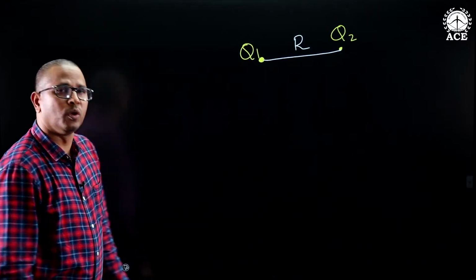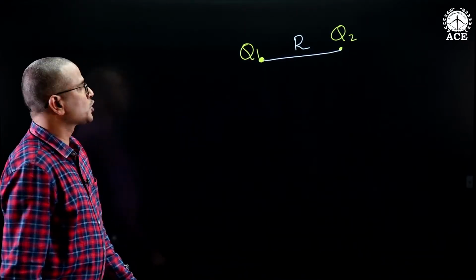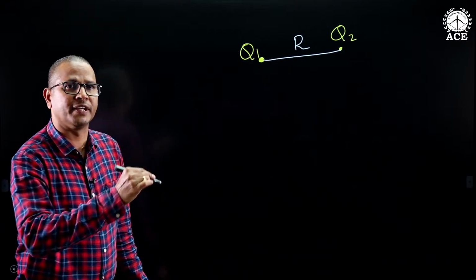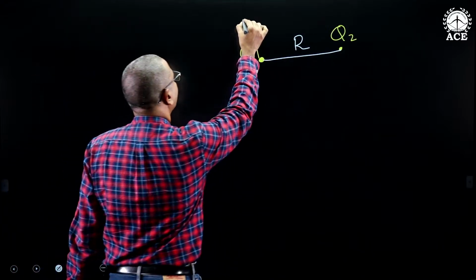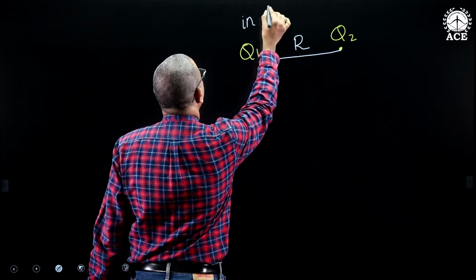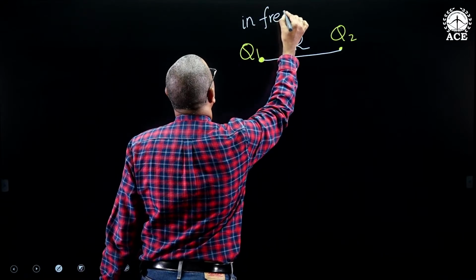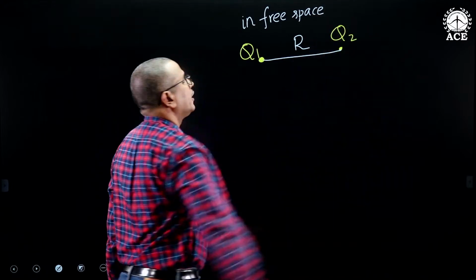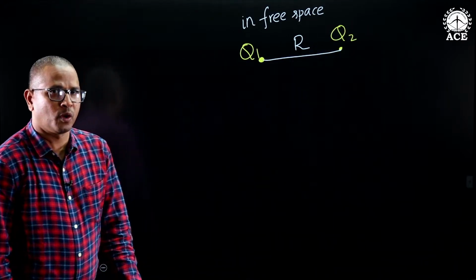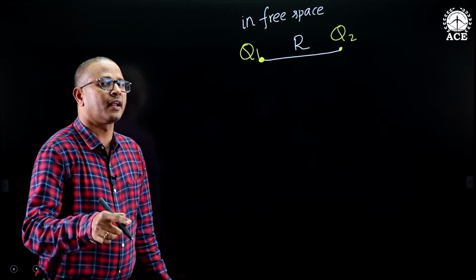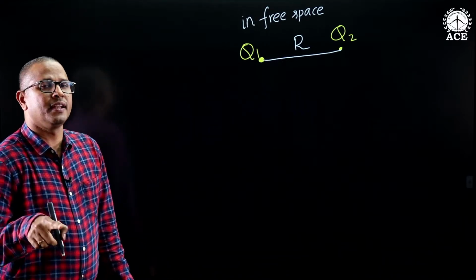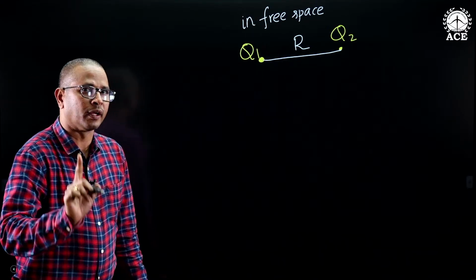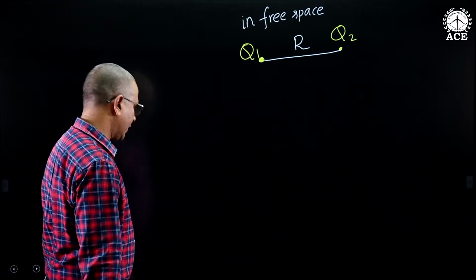Charles Augustin de Coulomb initially kept these two objects in a medium of free space or a vacuum. So let us assume our medium is free space or a vacuum. In free space, we know the permittivity of free space is epsilon naught, because for free space, air or a vacuum, epsilon r is 1, where epsilon r is called relative permittivity. I'll talk about it later.